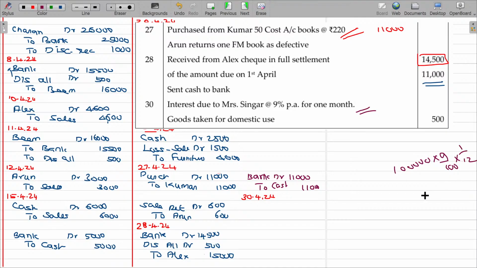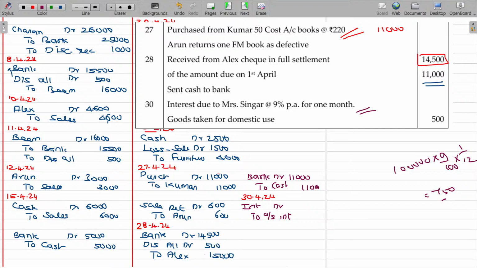Payable, outstanding, the value being 750. Interest account debit to outstanding interest. Outstanding interest represents whom? Mrs. Singer. So you can use Mrs. Singer's loan account instead of outstanding interest, also correct.